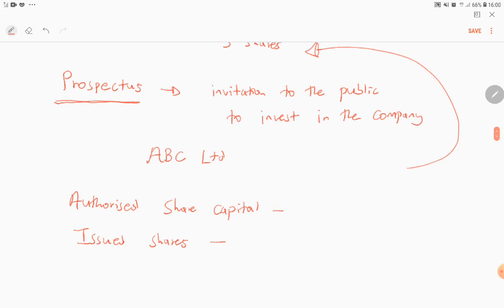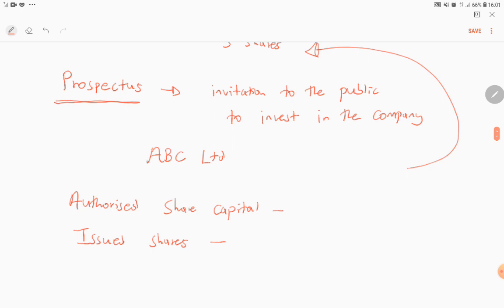The people who started the company, for example, if it was started by 2 people, might have already invested some shares themselves. They can also issue the prospectus to invite more people to invest in the company, because the more capital you have, the greater the chances of the company expanding.